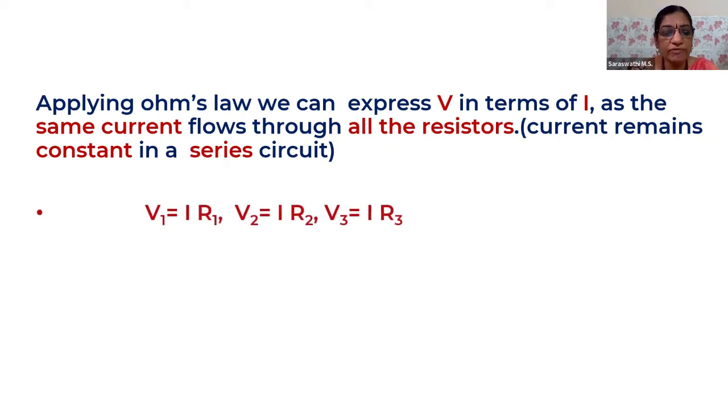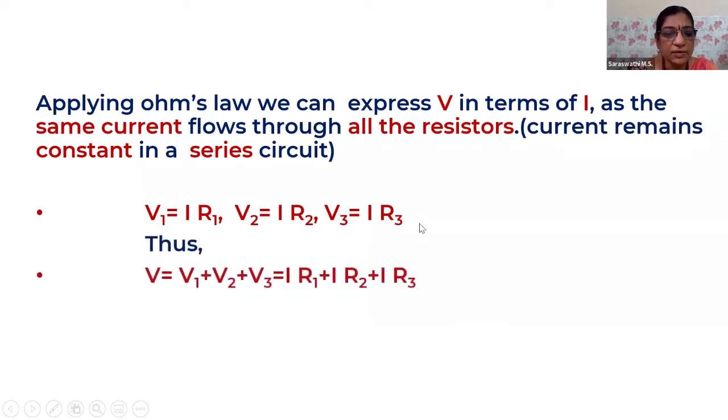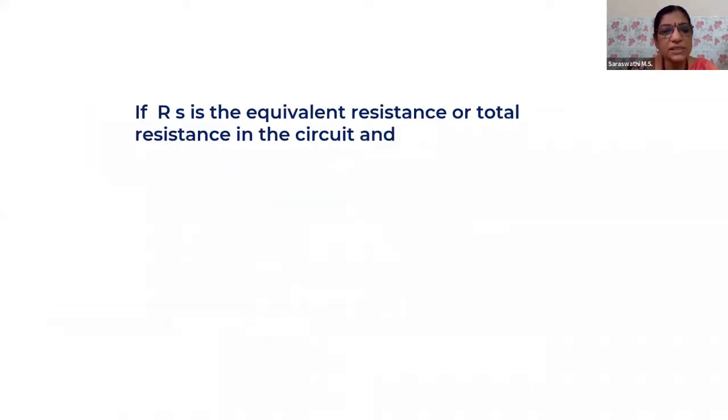So how do we represent them? V1 can be written as I into R1, where I is a constant, V2 is I into R2, and V3 is equal to I into R3. Thus, V1 plus V2 plus V3 is equal to I into R1 plus I into R2 plus I into R3, or V is equal to I into (R1 plus R2 plus R3).